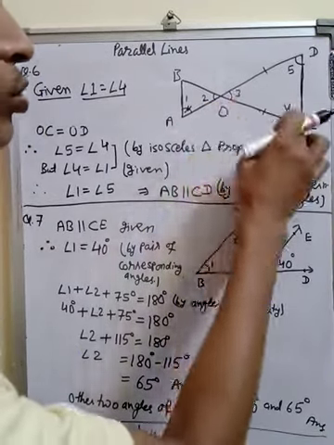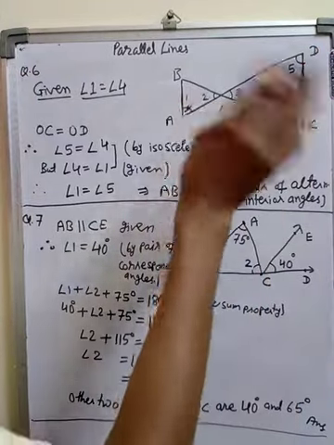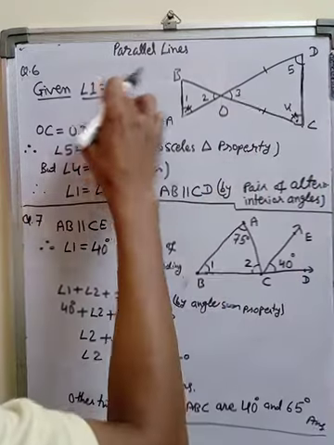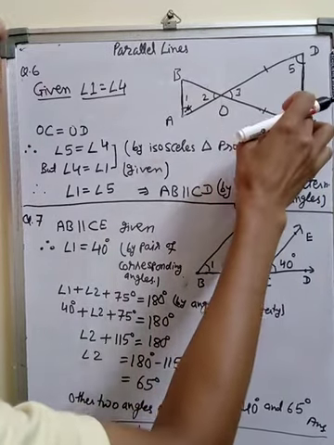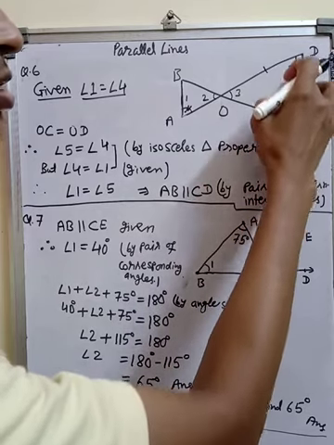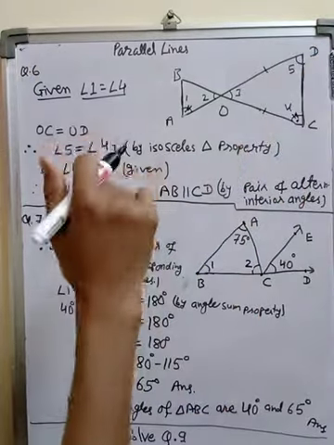It means all three will be equal. For example, suppose this is 30 degrees. Then this will be 30 degrees because these are given equal, so both are 30, and all three will be 30 degrees.